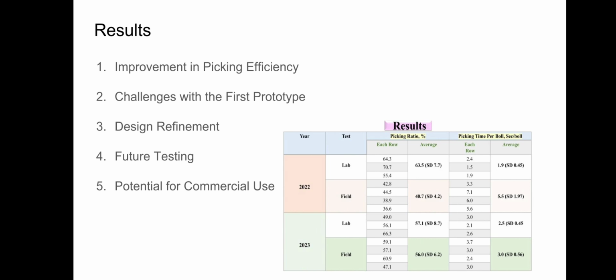Because of the different changes and improvements we have made in the design, we have got the fastest picking ratio, as 2.4 seconds, 1.5 seconds, like this. These are in seconds per ball.